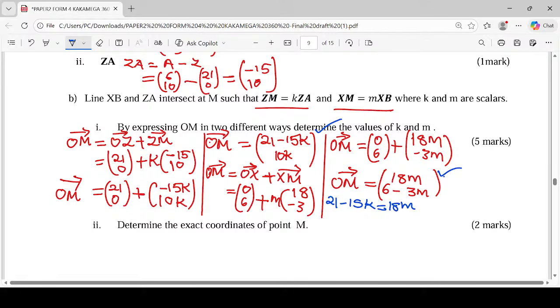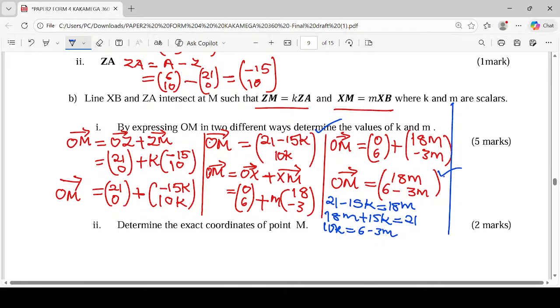So that means 18m plus 15k is equivalent to 21. And that has given us the first equation. The next equation, I'll equate the lower values. I'll take 10k being equal to 6 minus 3m. So that means I'm now going to form two equations which I'll need to solve simultaneously.